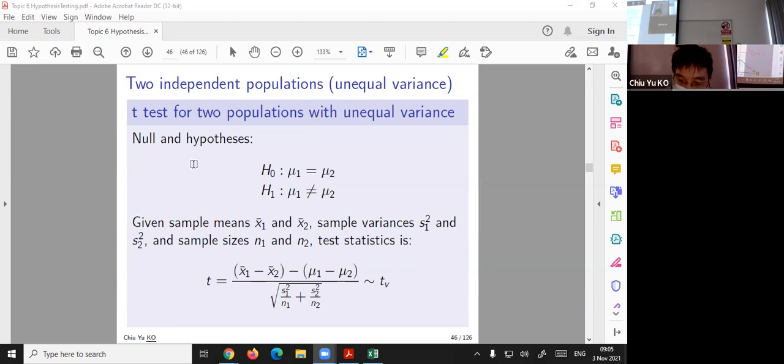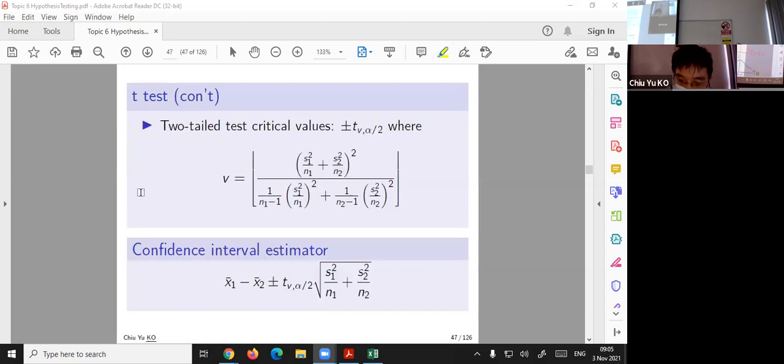We are unable to tell you why. Of course I'm not expecting you to remember this. You can just imagine this is just a formula. We're unable to explain why this is true, but this is what the formula is.